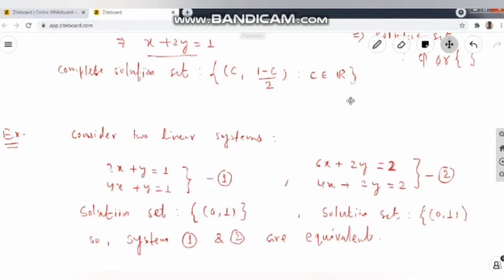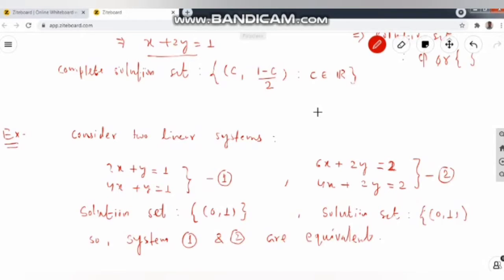That means we may have a matrix A of any order. In that case, what we always want is a simple system of linear equations. What is the meaning of a simple or easy system? Easy in the sense that it can be solved easily.